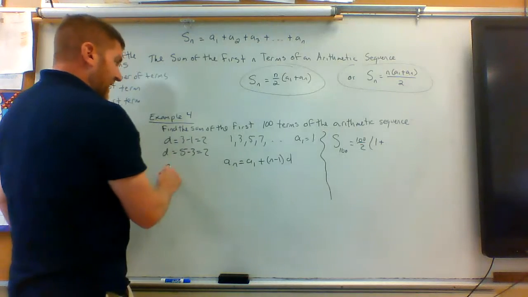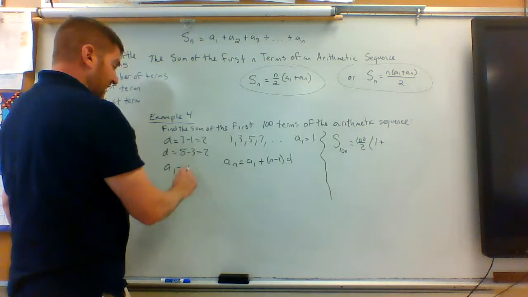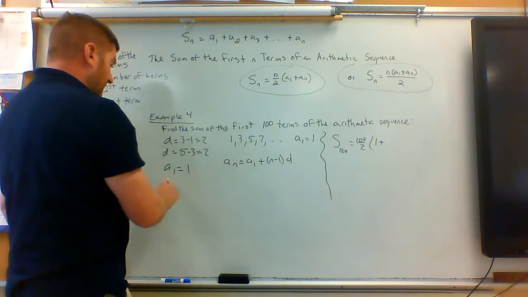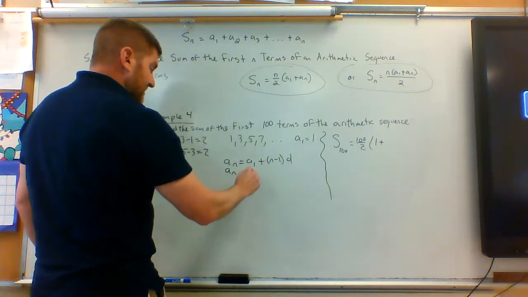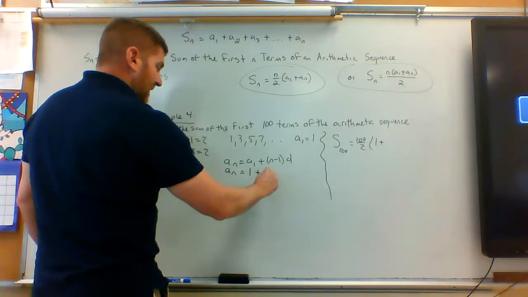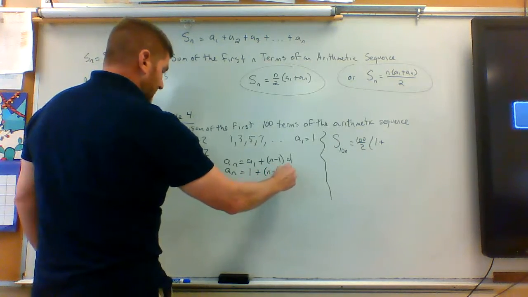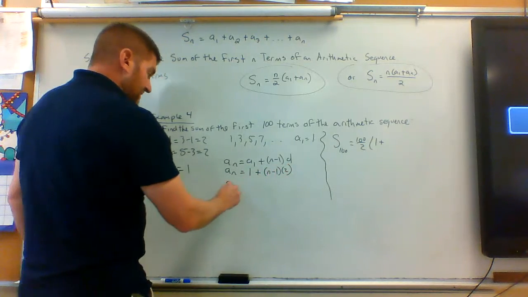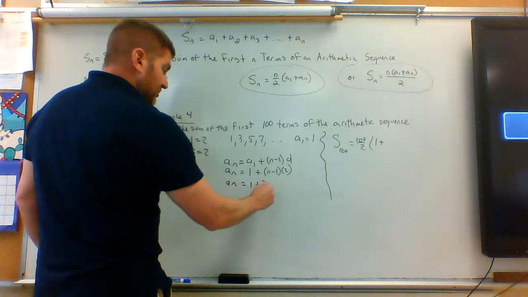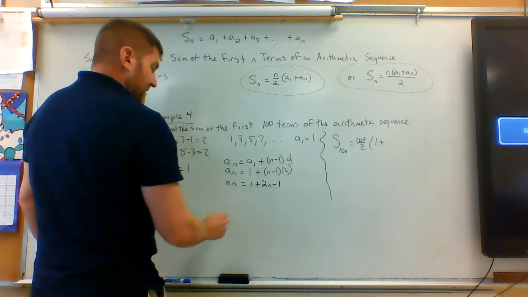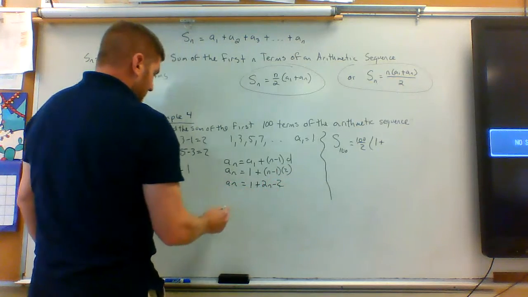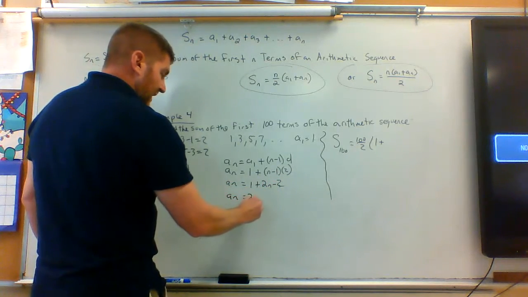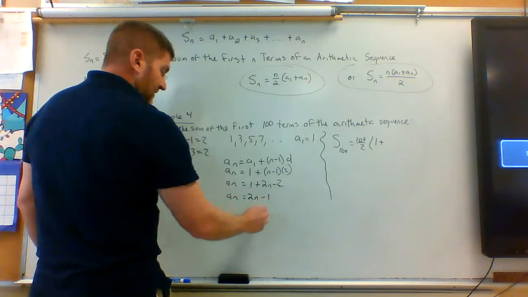I also know that a sub 1 is 1. So a sub n is a sub 1 plus n minus 1 times 2. So a sub n is 1 plus 2 times n minus 1. You've got to distribute, right? So that's 2n, and 1 minus 2 is negative 1.